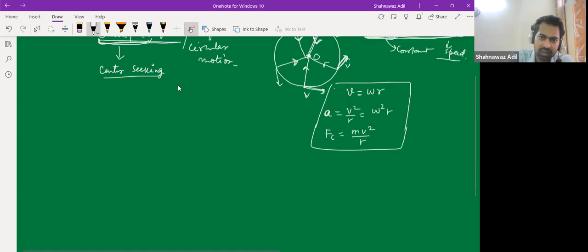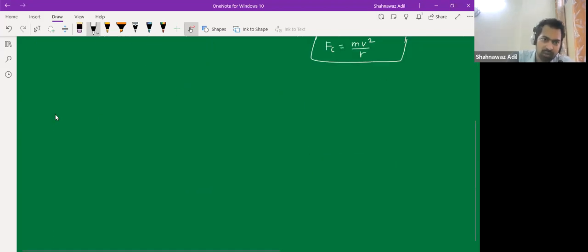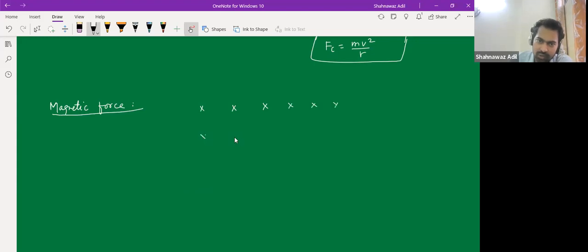Okay, and yeah. So now, what is magnetic? So we have some direction of magnetic field, right? This is like this. So what is this direction, guys? Can you tell what is this direction?